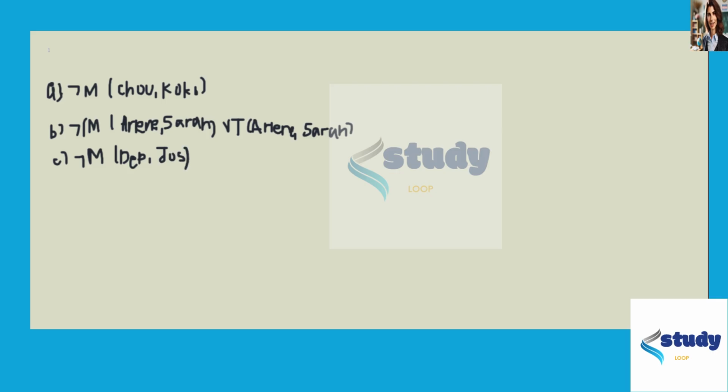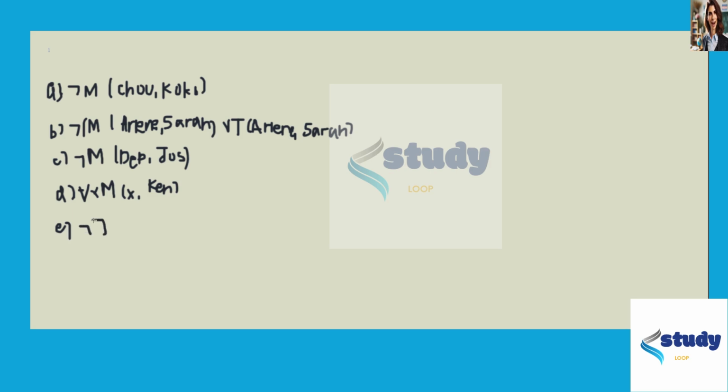For D, every can be represented by the universal quantification, which is this. So for all x, M(x, Ken), which is x has sent Ken an email message. For E, it could be rewritten as there is not a student in your class that has telephoned Nina.